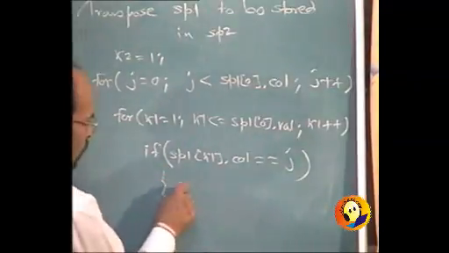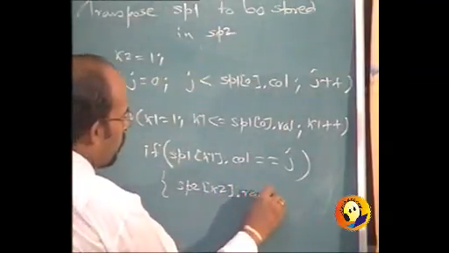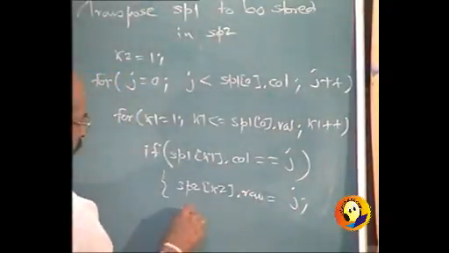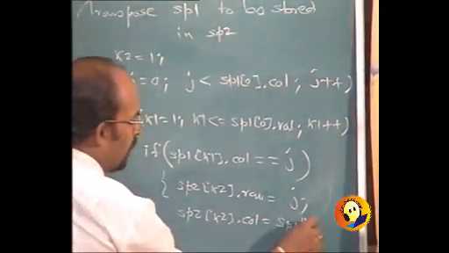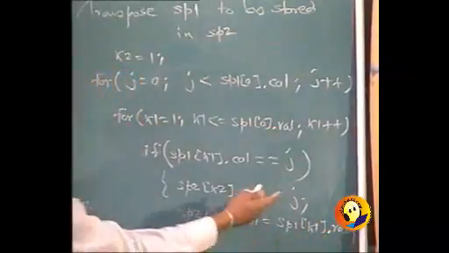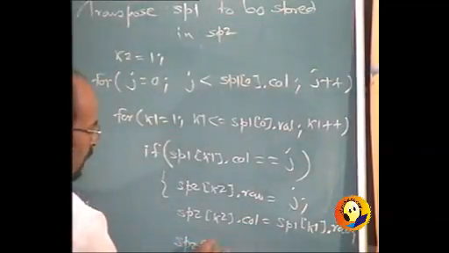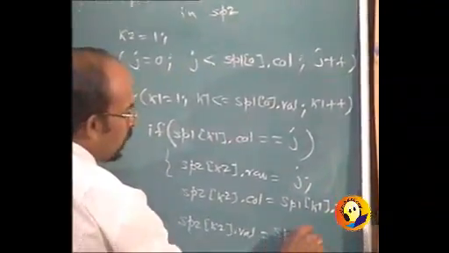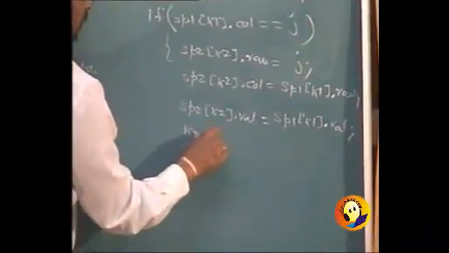So it will be SP2[K2].row equal to, no need, write j. SP2[K2].column will be SP1[K1].row, column number as row number and row number as column number, value as value, SP2[K2].val equal to SP1[K1].val, and increment K2.